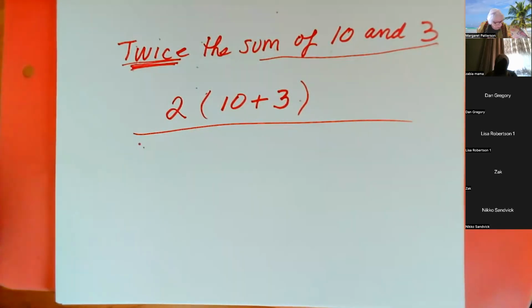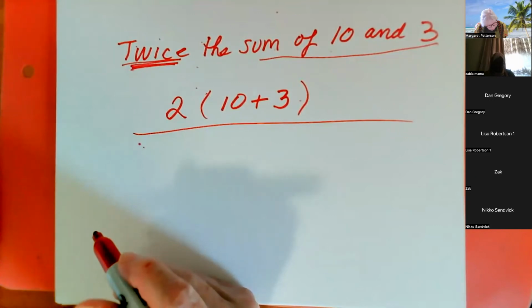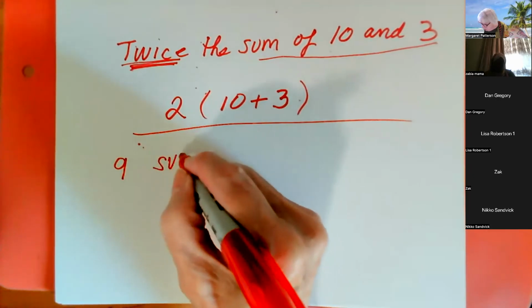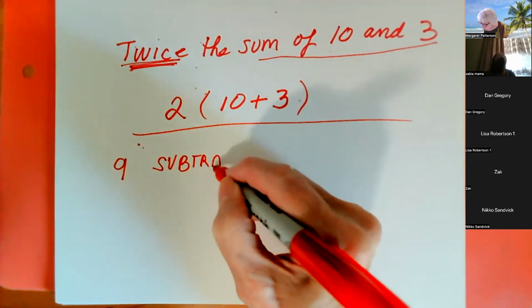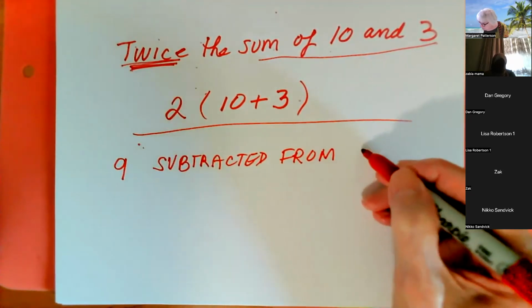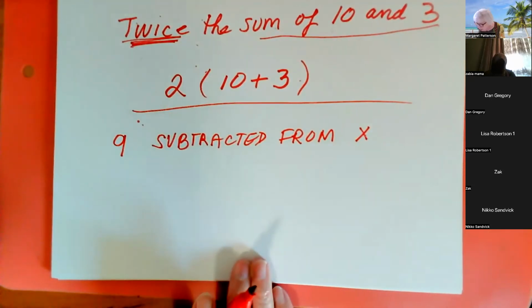Let me do some more because this is not completely obvious. Nine subtracted from X. Let's do that one first. This is review. I don't know if you recall this, but if you had notes, subtracted from, what does that mean? As far as it's a subtract problem, which comes first, which comes second?